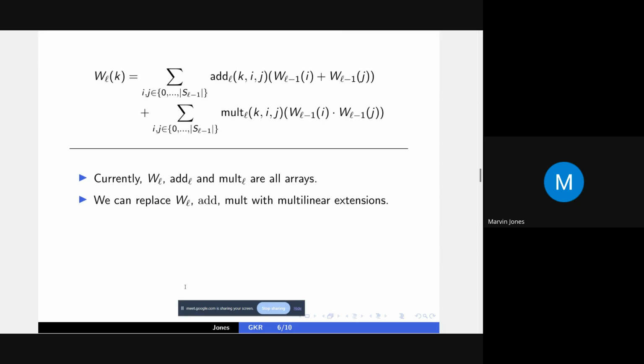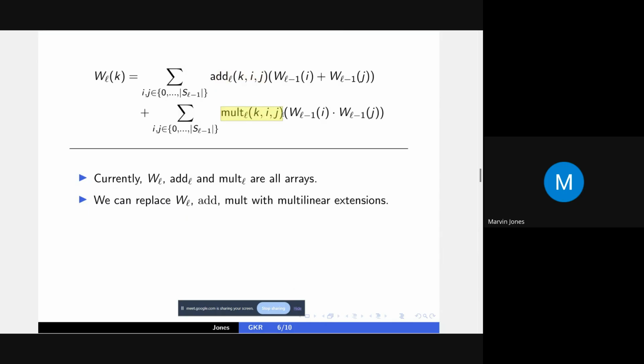As we currently have it in this weird generalized form, we have WL, add L, and these strange sums. All 3 of these are actually vectors. So add L is essentially a vector that's telling me, for this combination, do I have an addition gate?